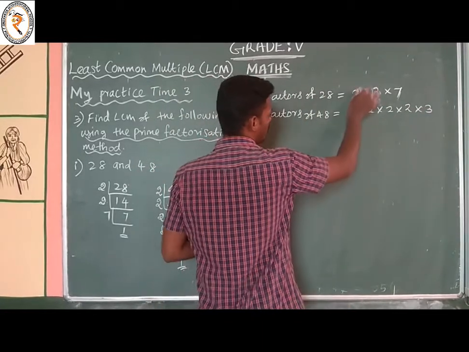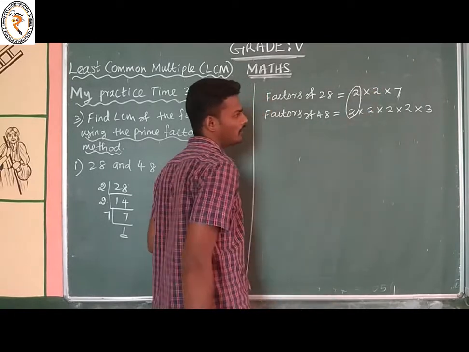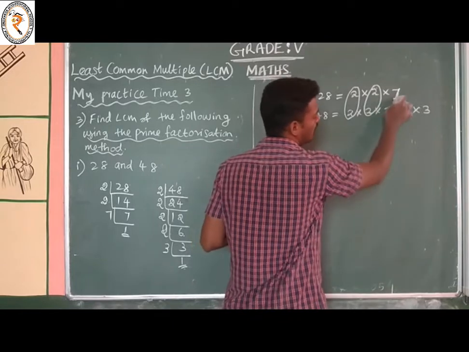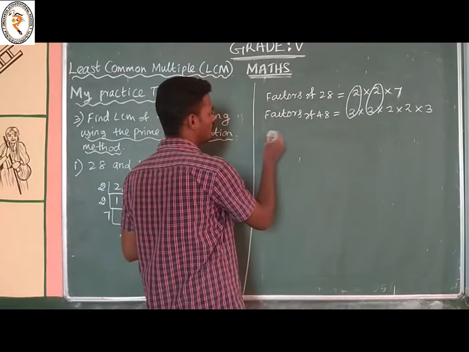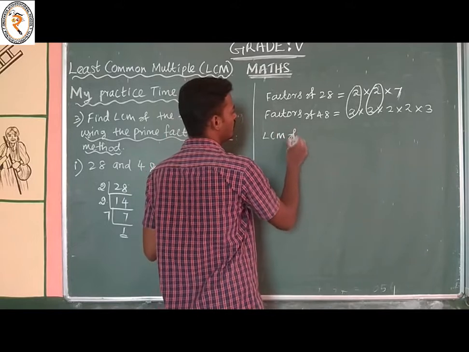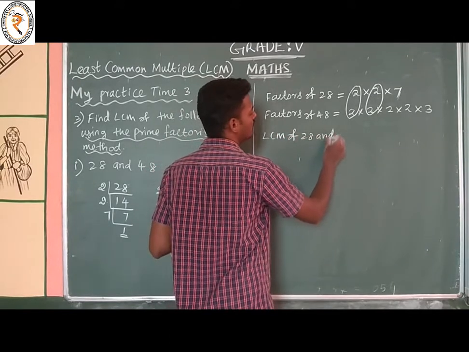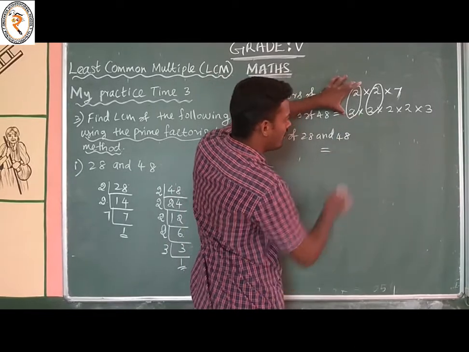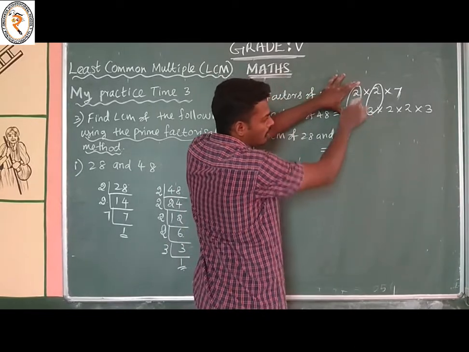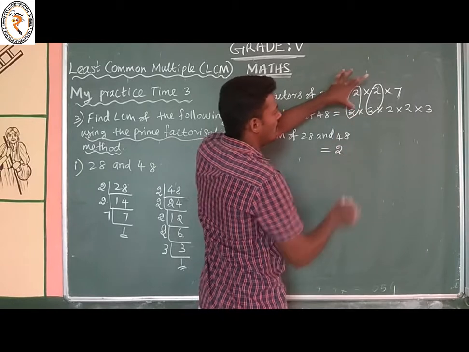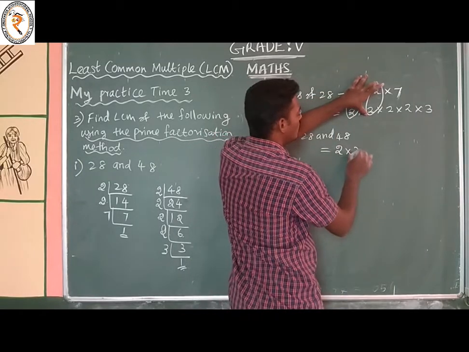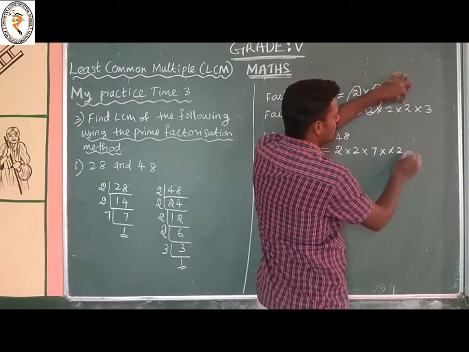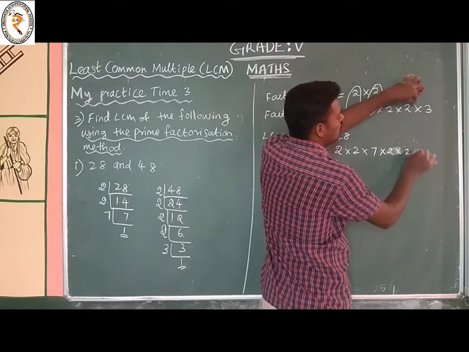So you can group from here: common 2, here also common 2, other numbers are not common. So the LCM of 28 and 48 is, in grouping form: in one group a number 2, and in the other group 2 and 7; 2 and 2, 2 and 3.